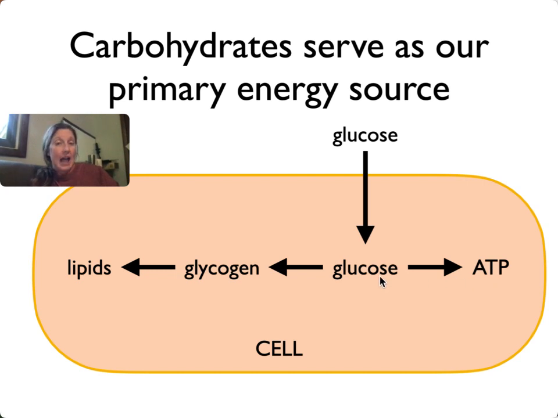Or if a cell has more than enough ATP, that glucose can be synthesized into glycogen, which is a polysaccharide, or a polymer of glucose molecules. If we have enough glycogen, there are cells in our body that can even convert that energy into lipids or fat. So, depending on whether we need energy right away or are storing it for later, it can be transferred from one molecule to another.